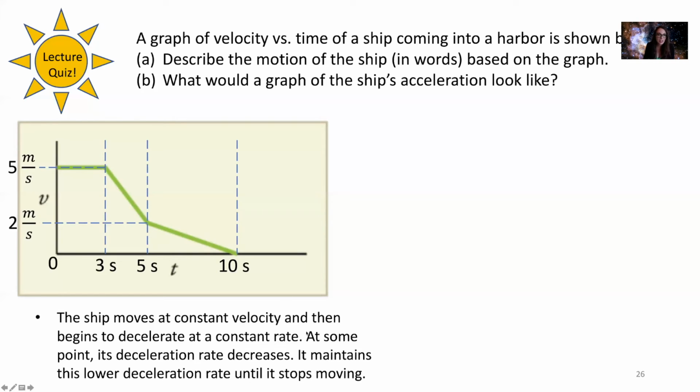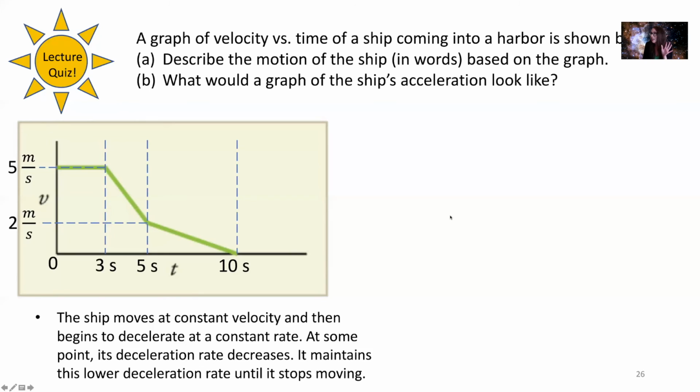Our acceleration is changing. So at some point here, 5 seconds, the deceleration rate decreases. And it maintains this lower deceleration until we come to a stop at 10 seconds right here as we rest in harbor.